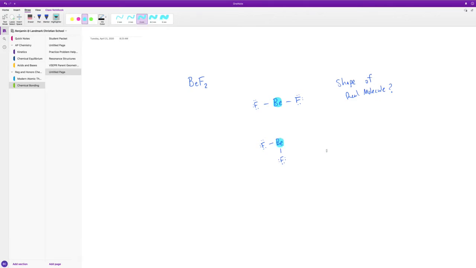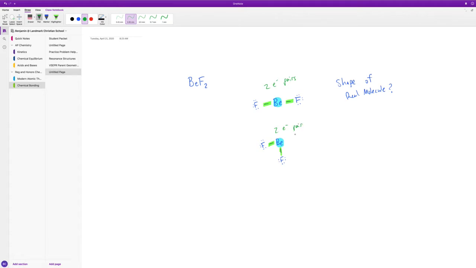Okay, so beryllium's in the middle. And then what we want to do is count up the number of electron pairs around the central atom. Okay, so no matter how we've drawn it, you see that we have 2 electron pairs around the central atom.